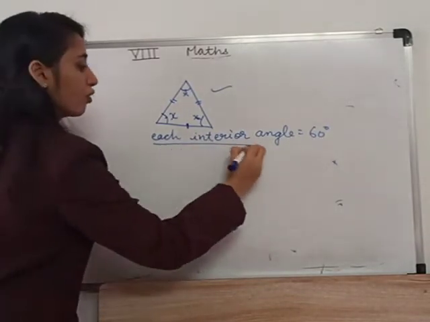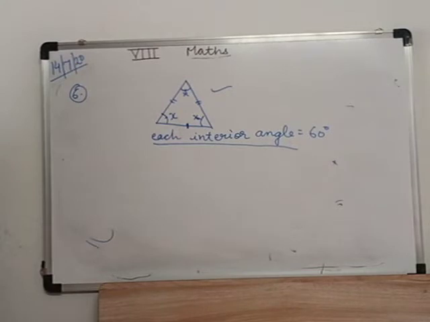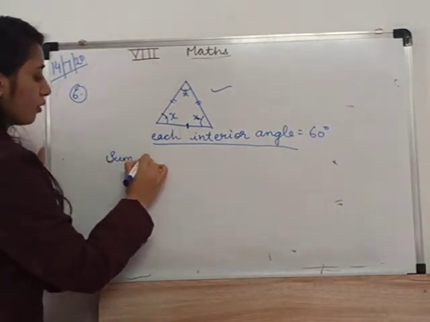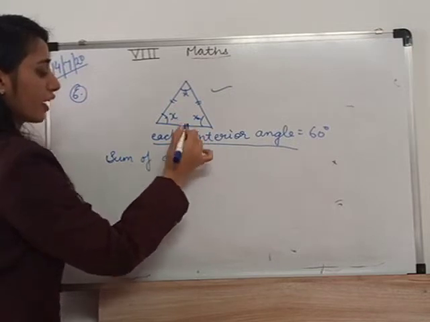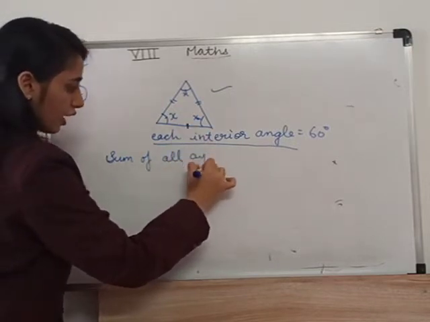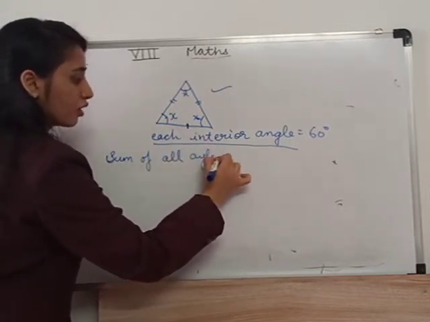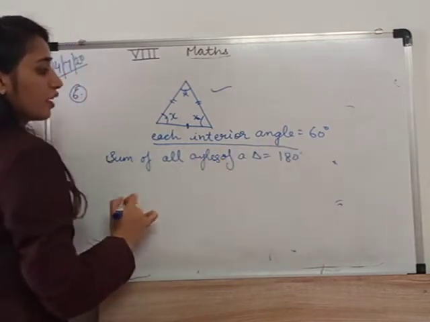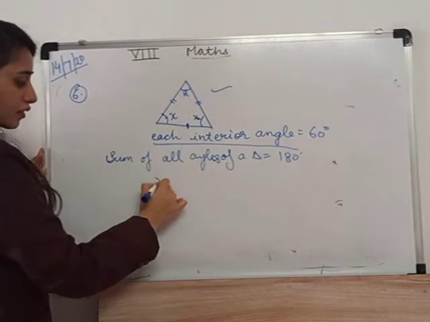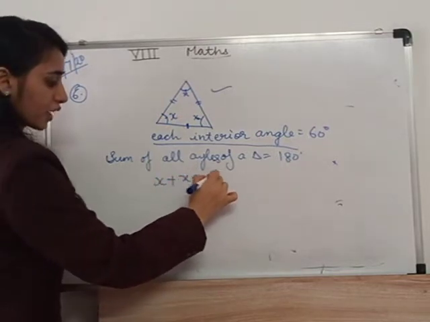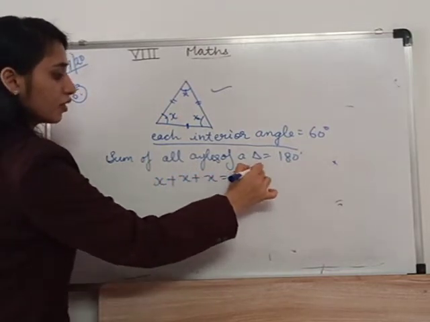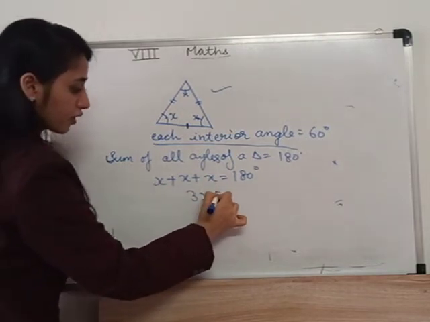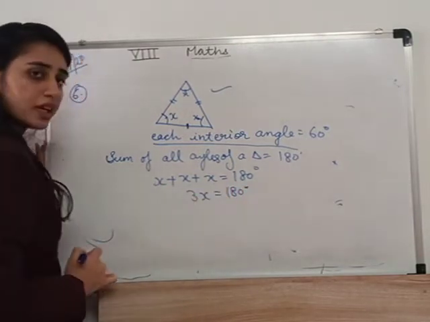We know each angle is 60. How can we find it? Because we know that the sum of the interior angles of a triangle is 180. Angles are x, x, x. All angles are the same. x plus x plus x, 3x, is equal to 180.